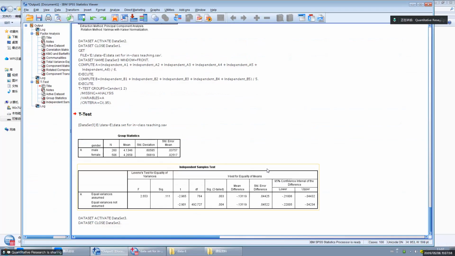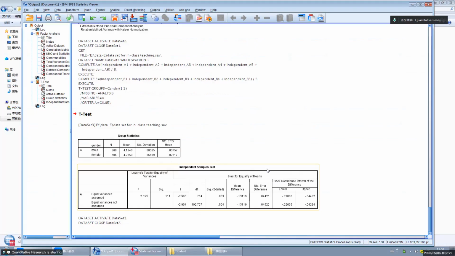Okay, so now let's continue. Now I explain the two tables. The first table is the descriptive statistics.